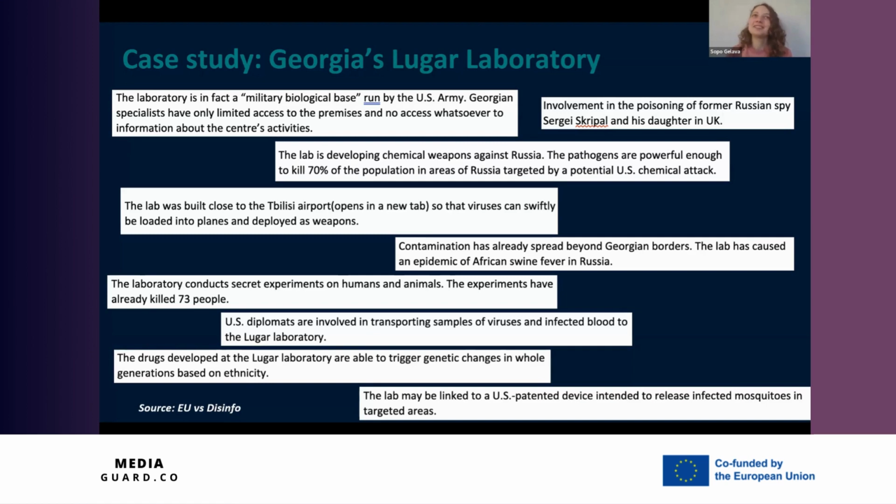We've seen narratives that the Lugar Lab was accused of spreading diseases through mosquitoes. And not only in Georgia, but from Kremlin experts and Kremlin politicians, and even from Putin and different officials.